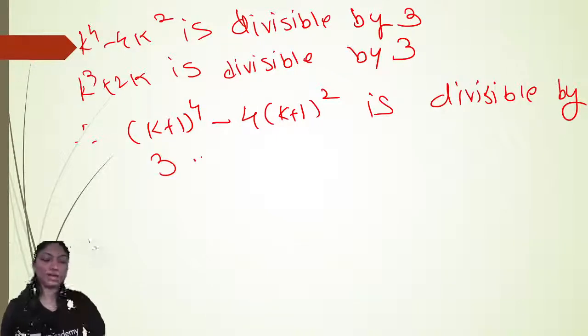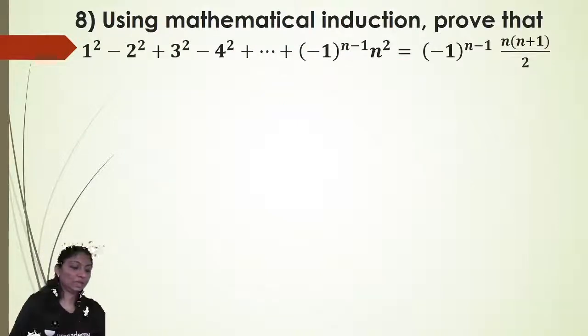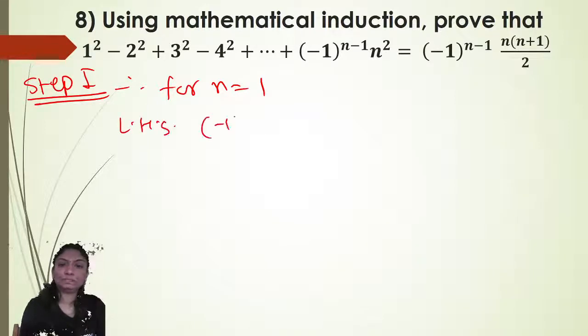I hope you are getting it clearly how to find out the method. Last example we will solve by induction. Step 1, for n is equal to 1. LHS: minus 1 raised to 1 minus 1 into 1 square, raised to 0, is 1.